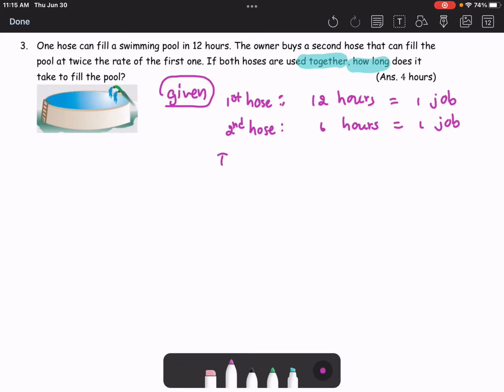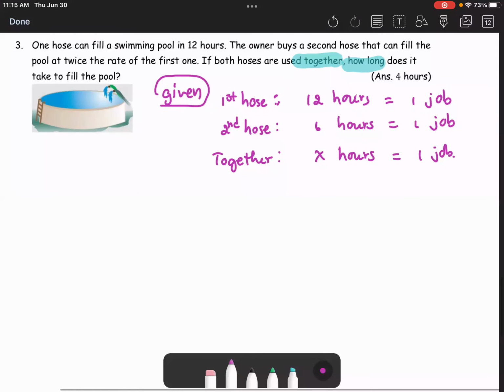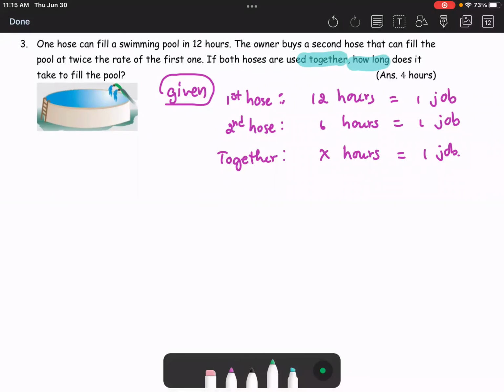So both hoses together take x hours, the number we are looking for. Then we look at the portion of the job done in 1 hour: 1/12 for the first hose, 1/6 for the second hose, and together 1/x.